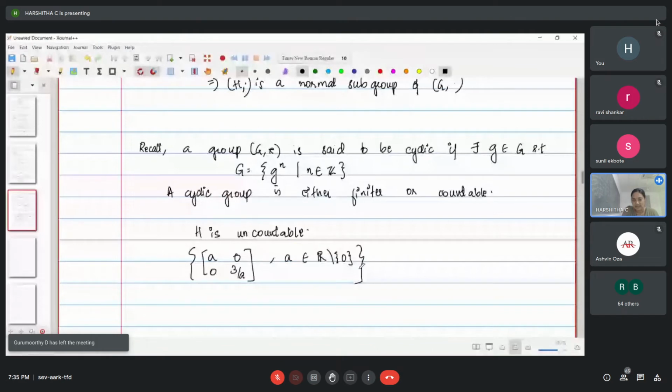So in fact, this is contained in H, and this itself is an uncountable set, because for every real number, we're getting a different matrix. So H cannot be cyclic. So that takes care of all the options. So in fact, even this is not true.